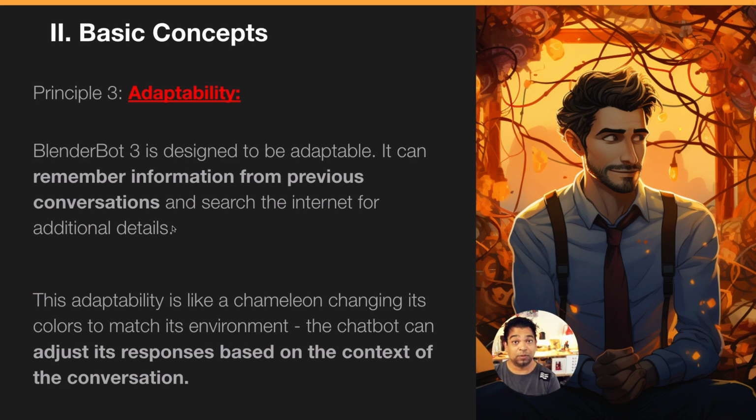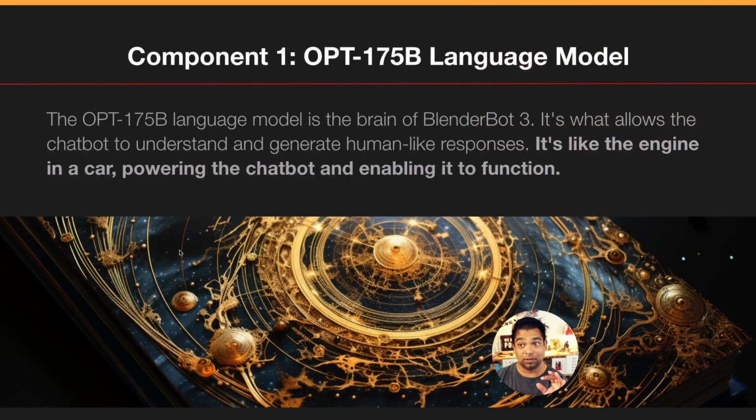So these are three concepts. Let's layer that with some really important components, which is the language model in particular. The OPT-175B language model is the language model, or the brain, of BlenderBot 3. Now, you'll hear this in ChatGPT too, in the sense that GPT-3 was 175 billion parameters in size.